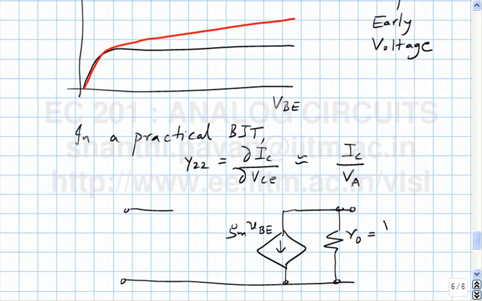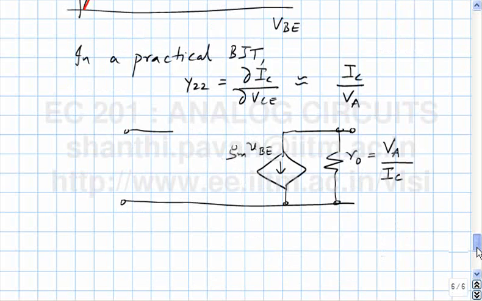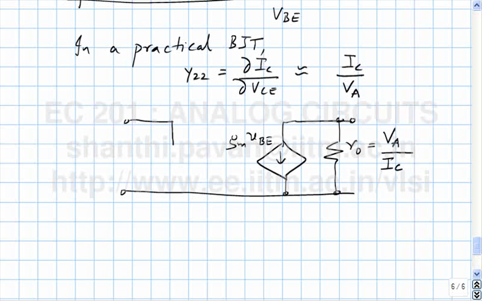An output impedance, which is a voltage controlled current source, where the output impedance is not infinite. You have some GM, and in contrast to the MOSFET where the gate source incrementally was an open circuit, the base emitter has a resistance equal to VT by IC times beta.